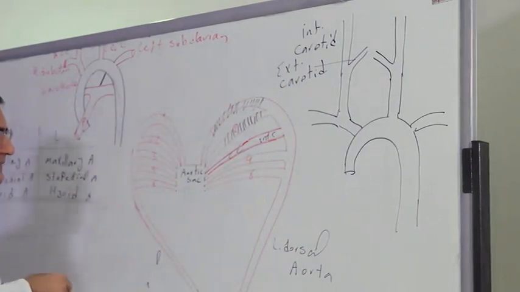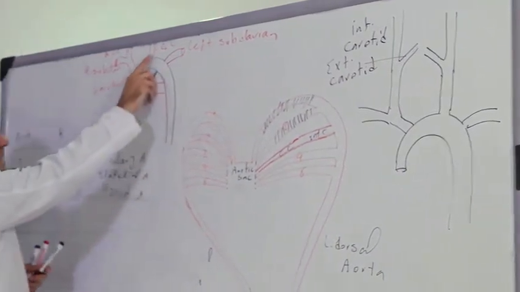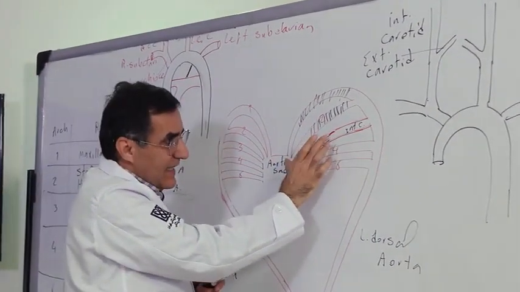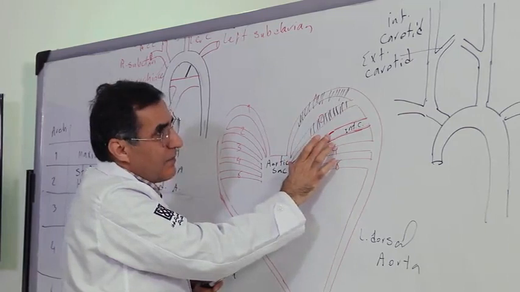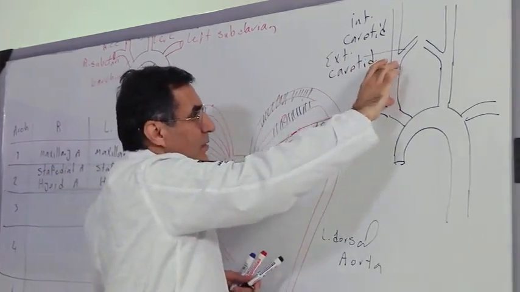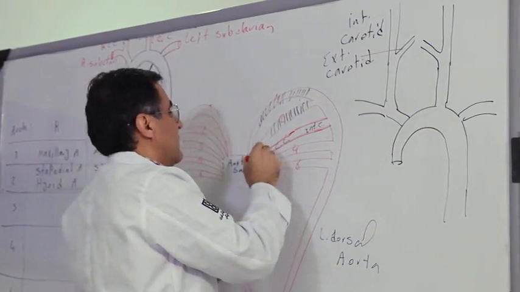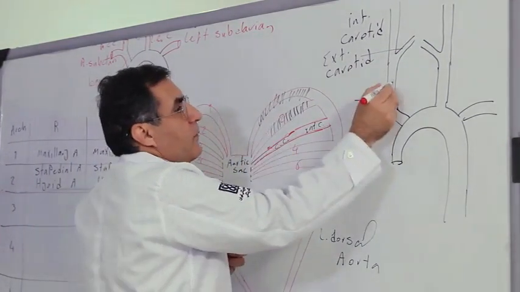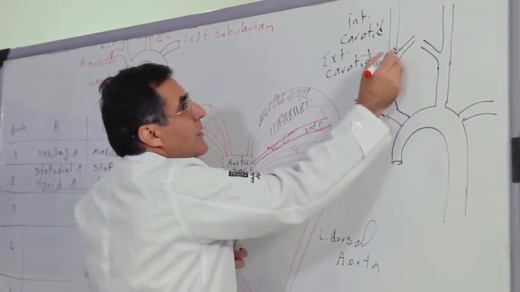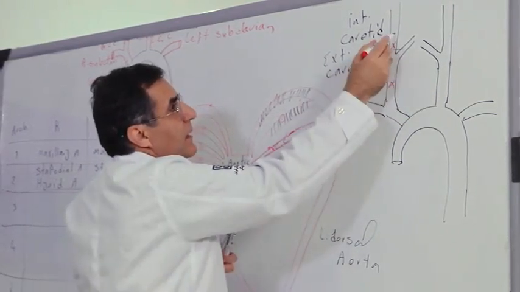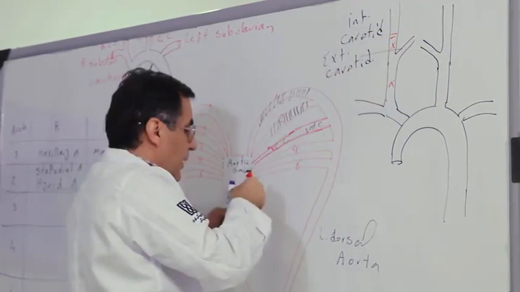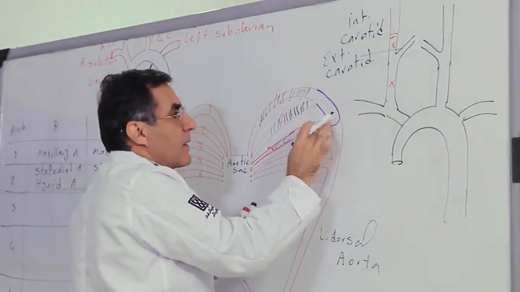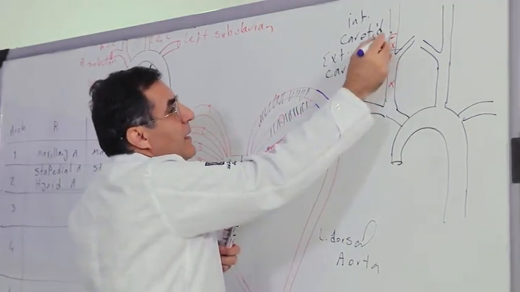Okay? Here, if you look at the third arc, the third arc makes the common carotids here. The common carotid is here, and the proximal part of the internal carotid extends till here. The remaining part of the internal carotid, this part, is made by the dorsal aorta.